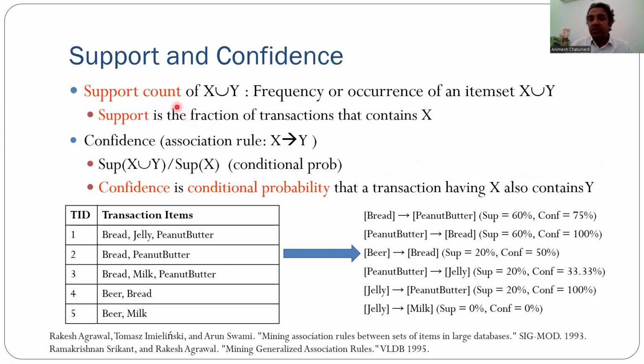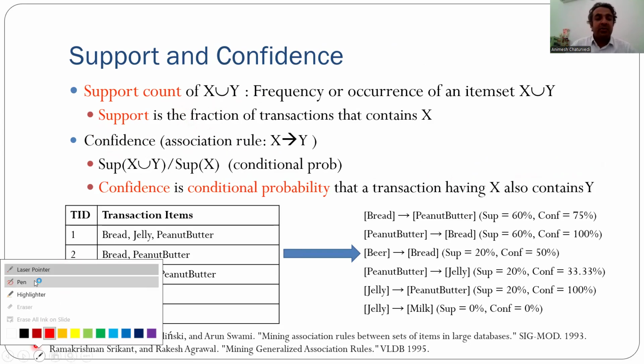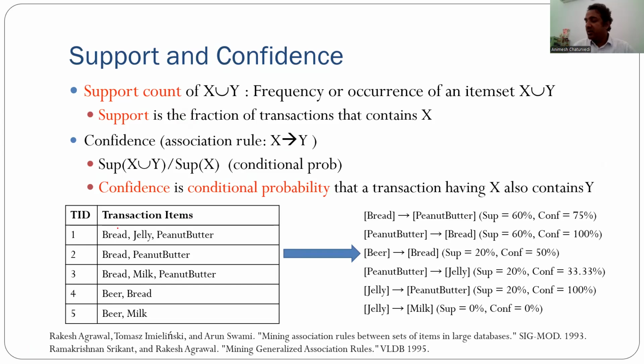Starting with support, what is support count? Just count how many times X union Y is appearing. If you see, bread and peanut butter are appearing one time, two times, and three times. So bread and peanut butter is appearing three times out of five transactions.